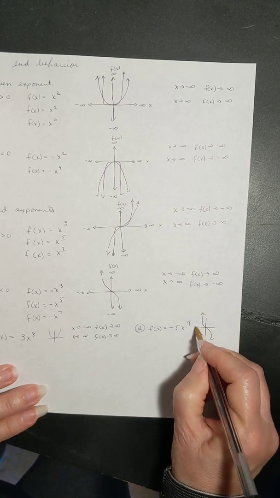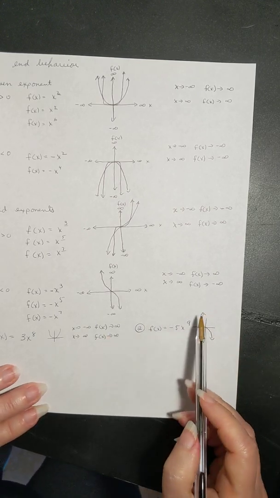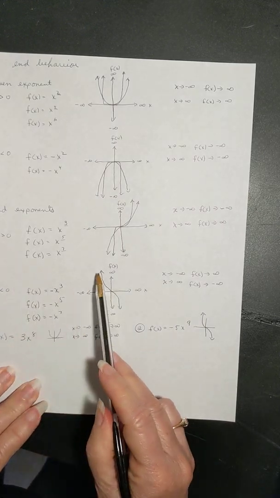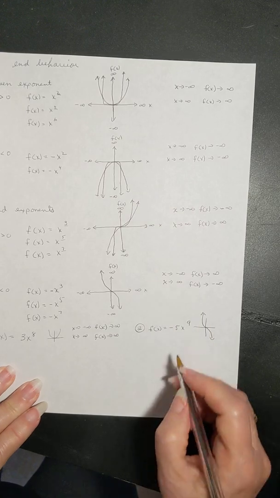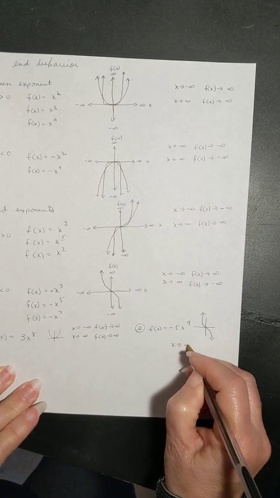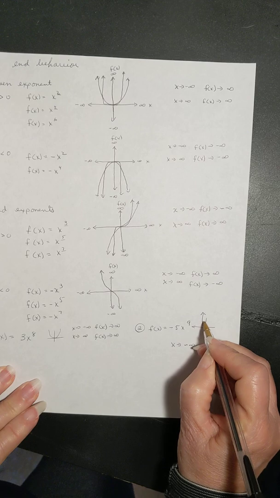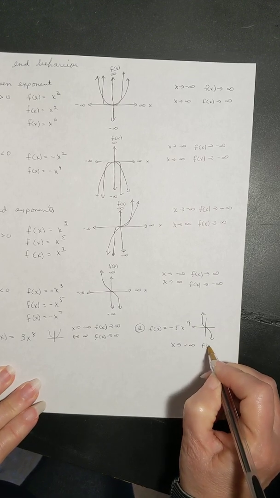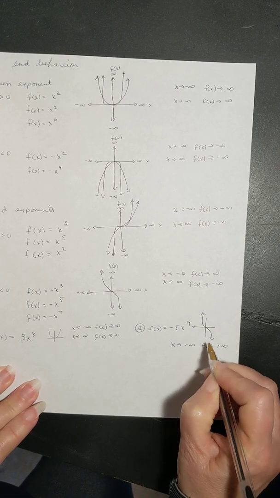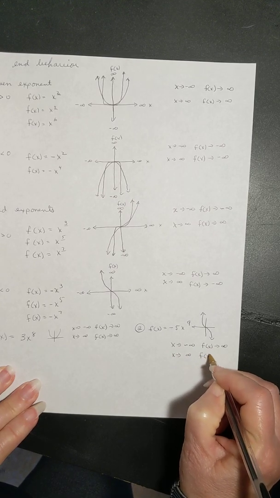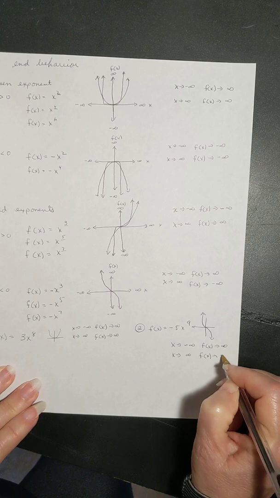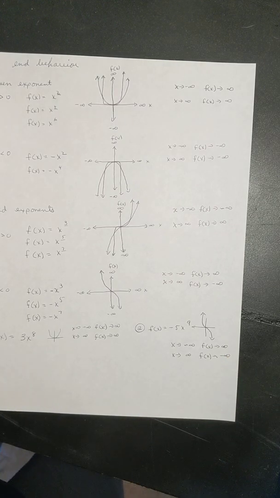So this is going to be your scenario. So as x approaches negative infinity, what's happening to the y? It's going up. And as x approaches infinity, what's happening to the y? It's going down. So you just look at it and you see, is it going up or is it going down? So that's how you work these problems.